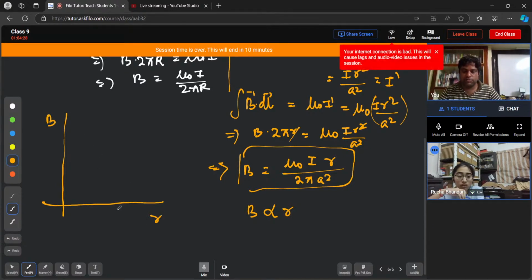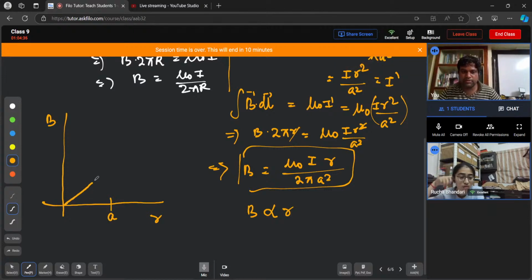From zero radius it is zero, and up to a it is increasing in a straight line. B proportional to r, it's a direct proportion. So for direct proportion it will be a straight line up to a. It will be increasing.